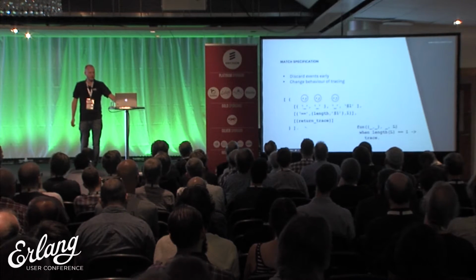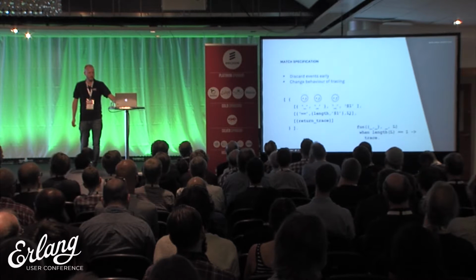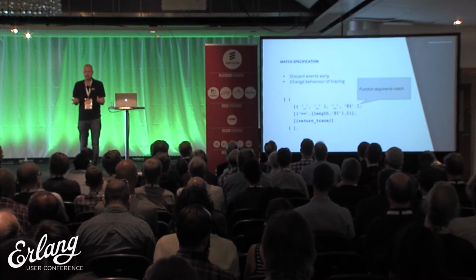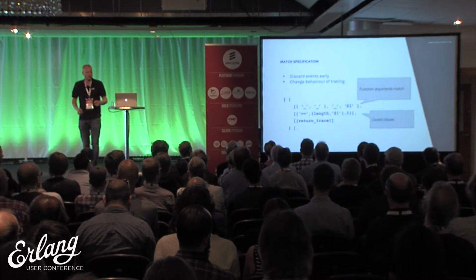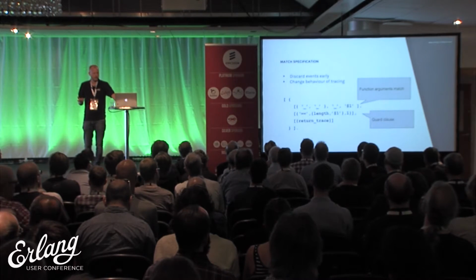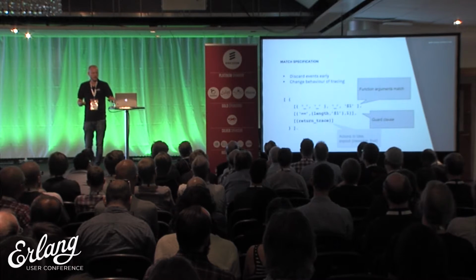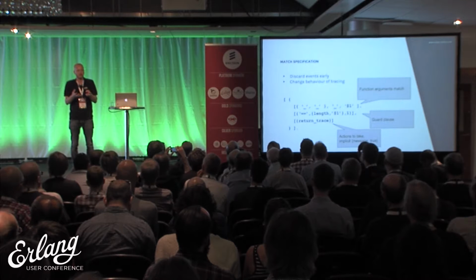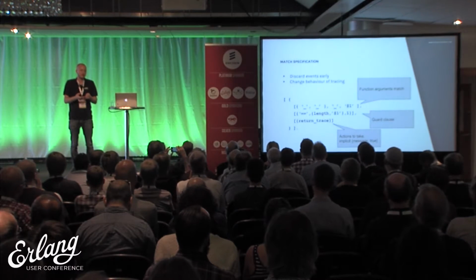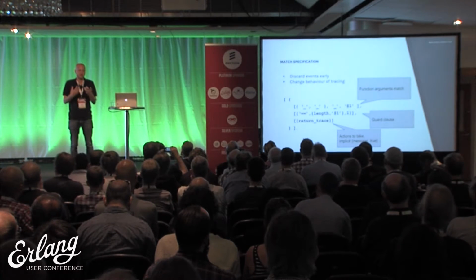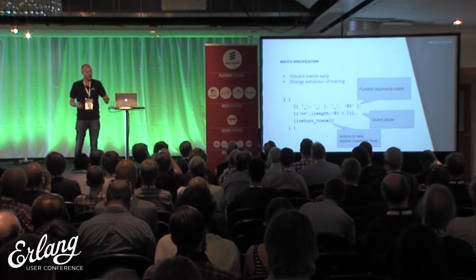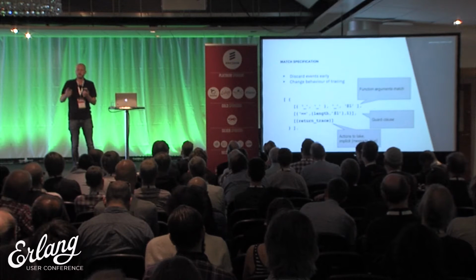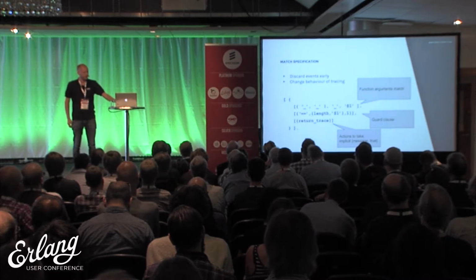And when the length of the list is 1, we do a return trace. So we have the function arguments, then a guard clause saying what should be guarded, and then what is going to happen. In the match specifications we use for tracing, we have an implicit message true. So this is going to generate a message for this event, and it will also apply a return trace, telling it that when this function returns, I also want to get a message.